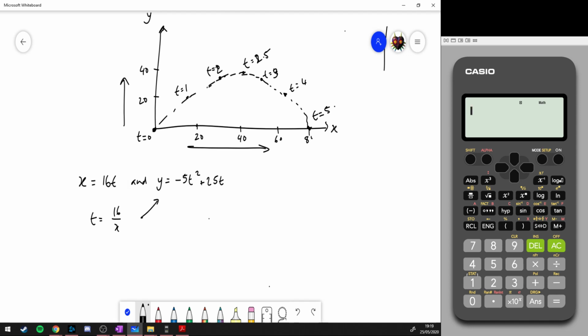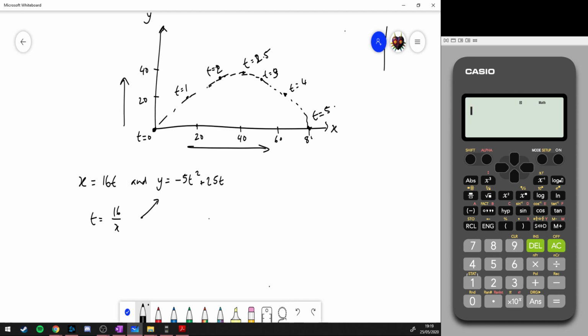So we're essentially removing the time altogether. Then we can work out, when it gets to 60 meters, how high in the air is it.